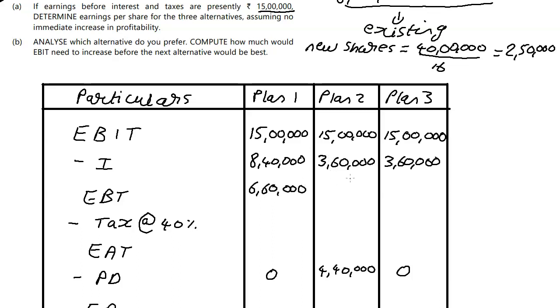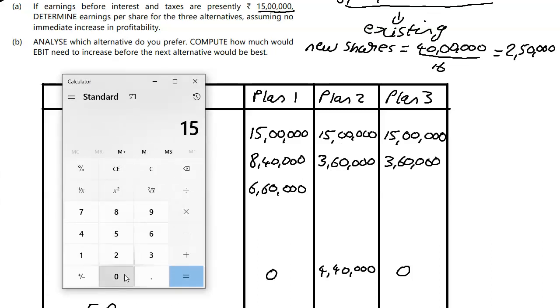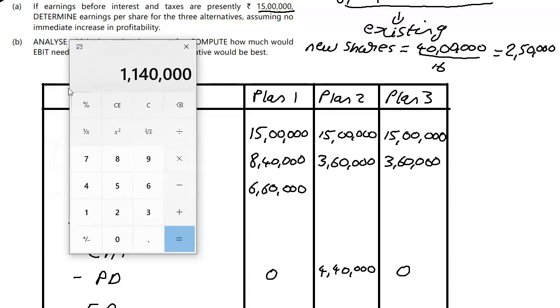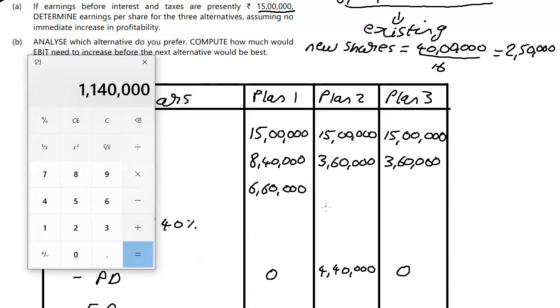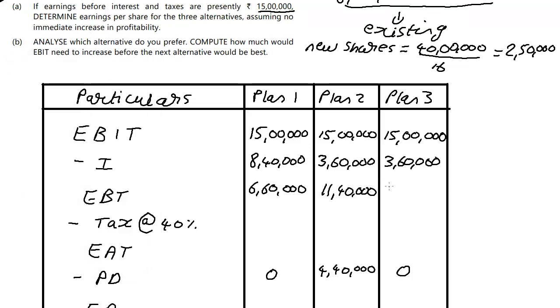Then 15 lakhs minus 3,60,000, which thankfully remains the same for both of them, gives us 11,40,000, which I'm putting here and here.